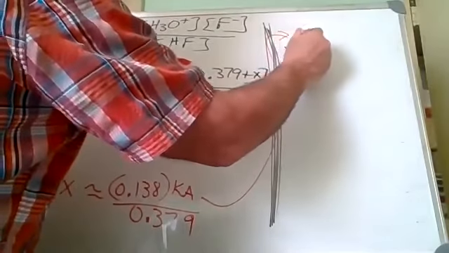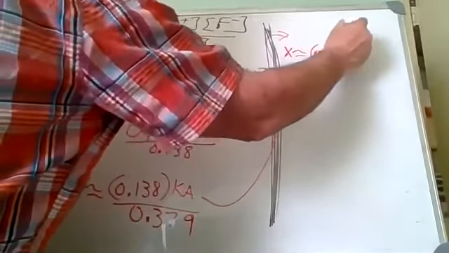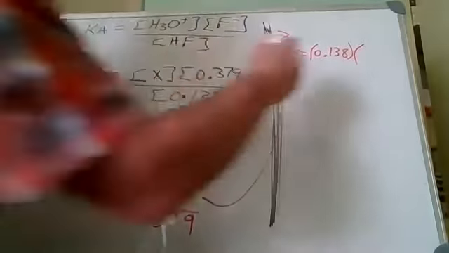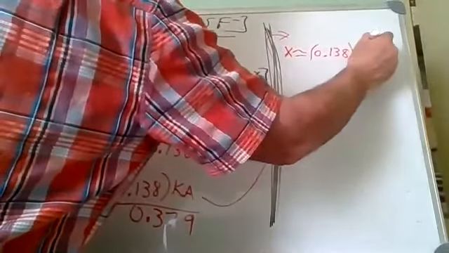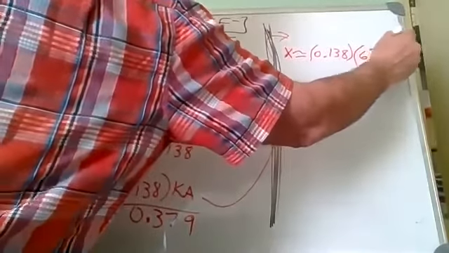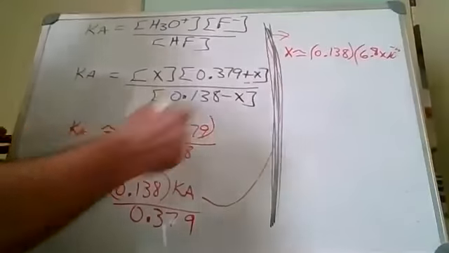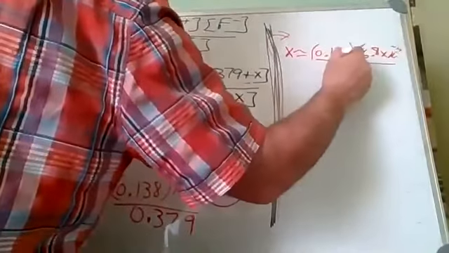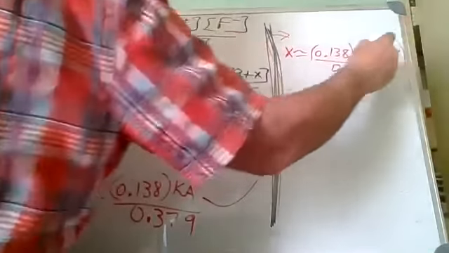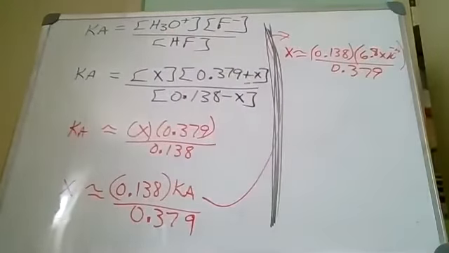So x is approximately 0.138 times the value for Ka, as we just saw a moment ago, 6.8 times 10 to the negative 4, divided by 0.379. Again, 6.8 times 10 to the negative 4th. I know you probably can't see that.